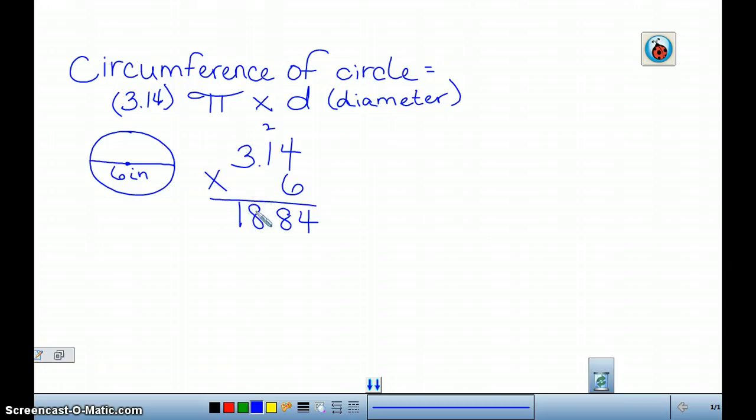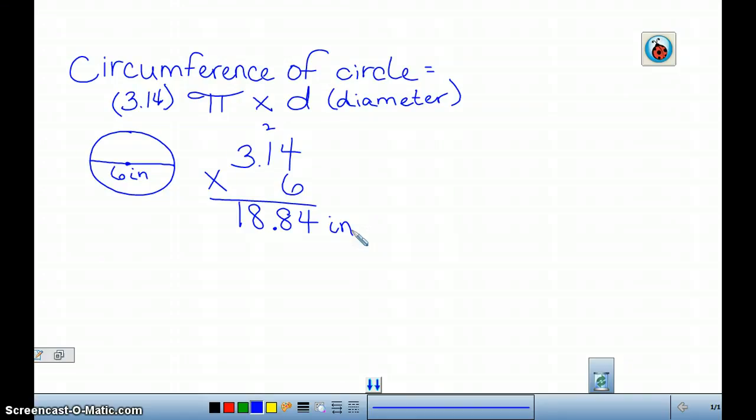I look back at the top. I have 2 places over that I need to put a decimal. So I go over 2 places in my product and put my decimal. 18.84 inches is my circumference.